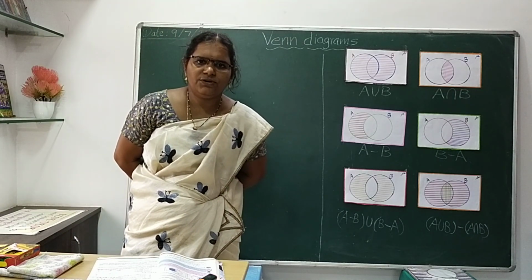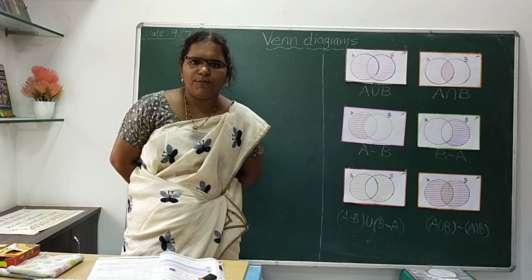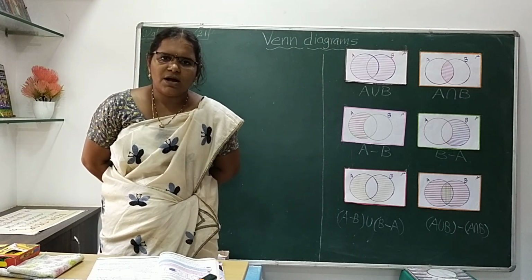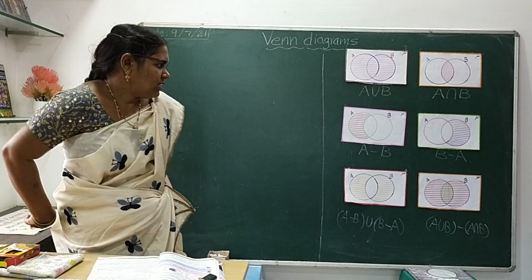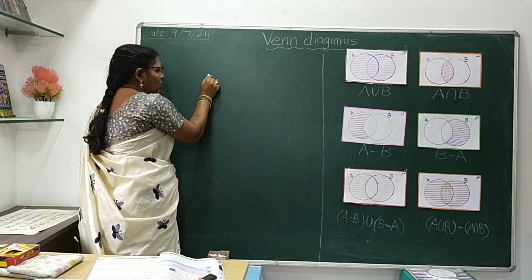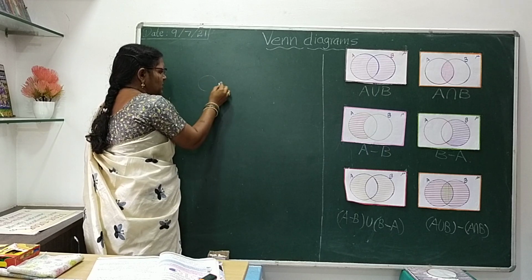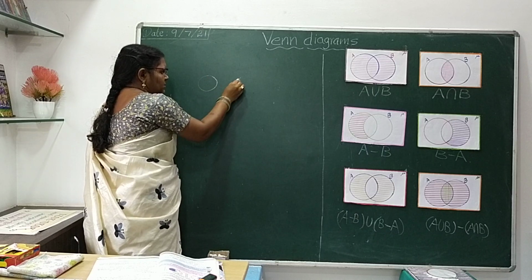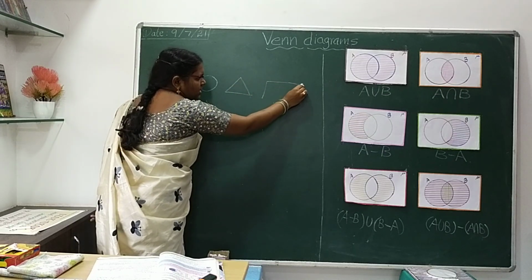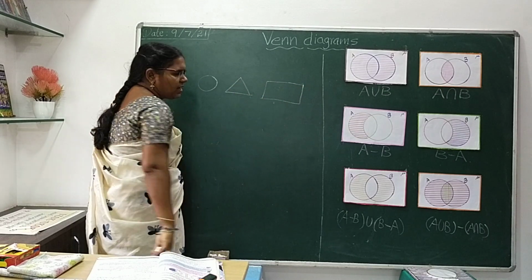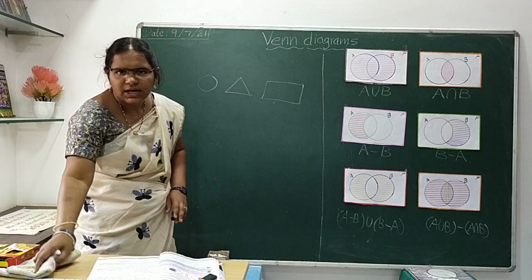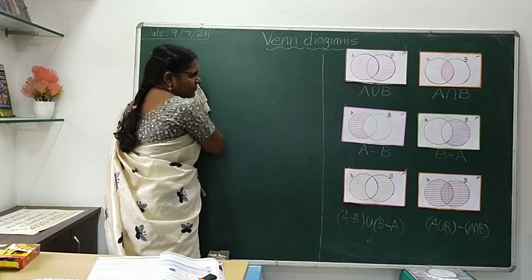Sets we generally denote in flower brackets by writing elements separated with commas. Then sets are generally denoted by closed figures: circles, triangles, rectangles. We know we have many types of sets, and the universal set is there.